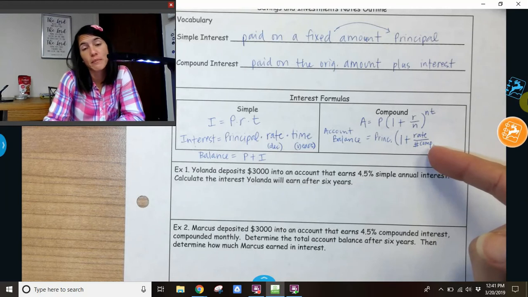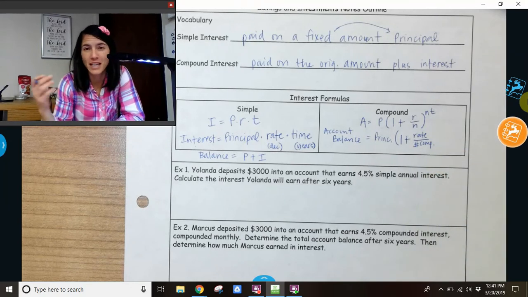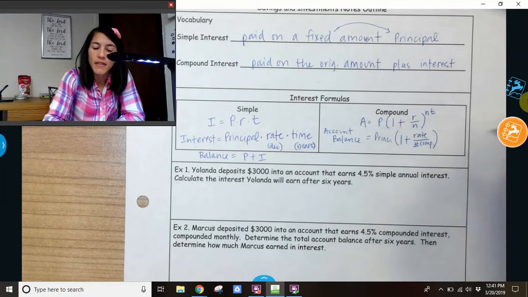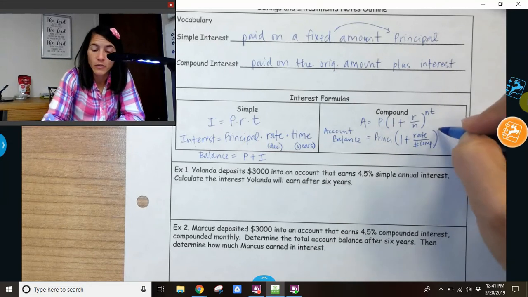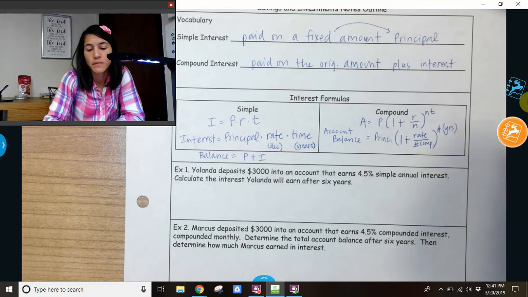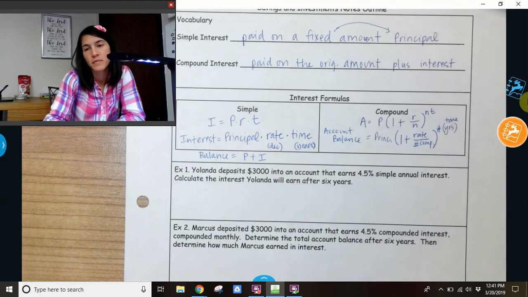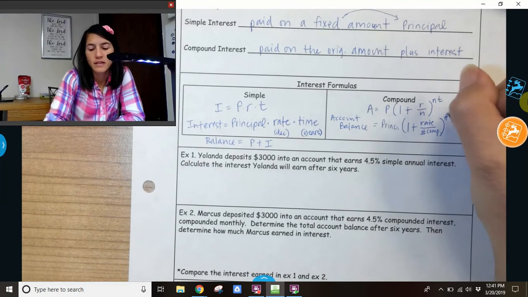If it was compounded quarterly, then it would be 4 because there are 4 quarters in a year. And so the N represents the number of times it's compounded, added together. And then raised to the N times the years in time, so N times T.